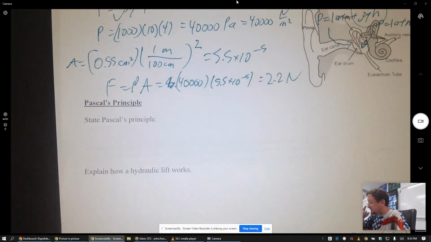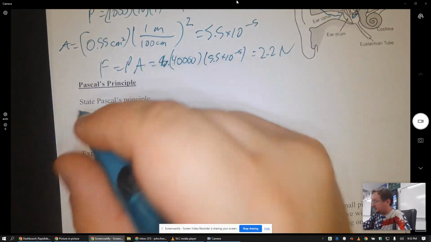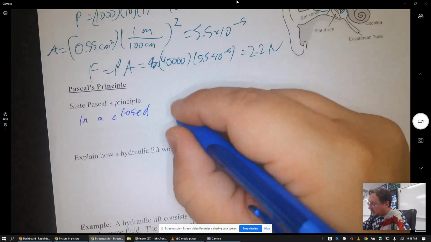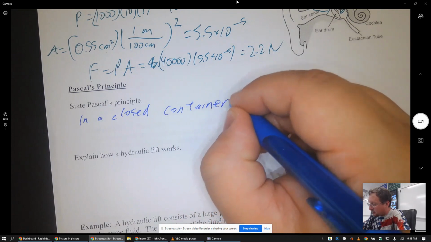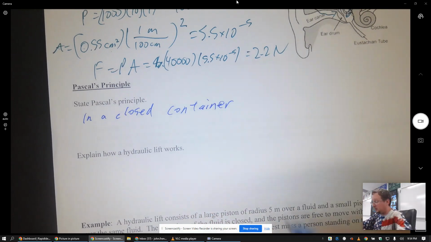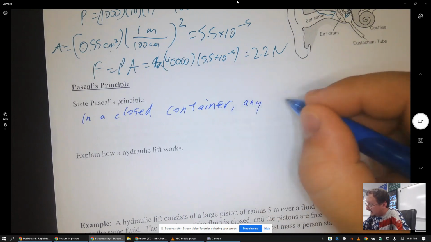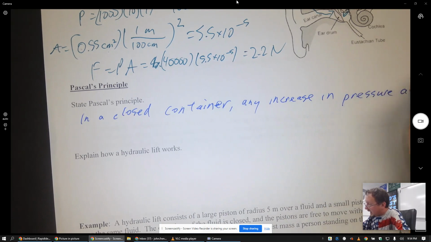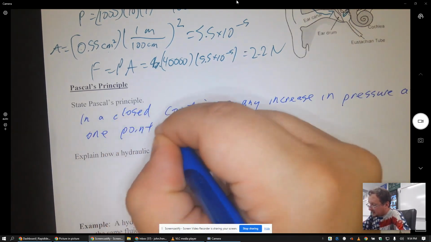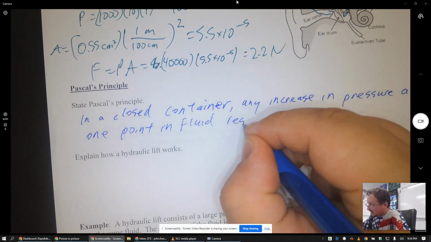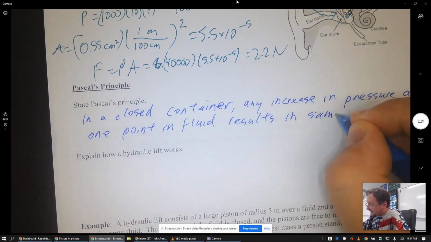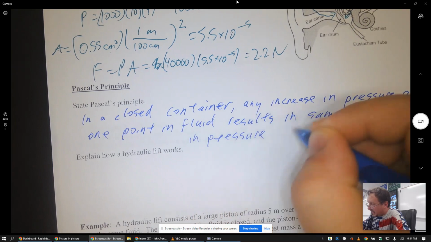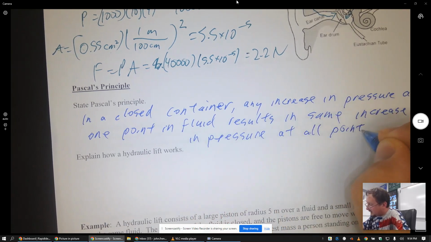Okay, Pascal's principle says that in a closed container, so we have to start with this caveat, the container has to be closed, otherwise the fluid will spew out, any increase in pressure at one point in the fluid results in the same increase in pressure at all points in the fluid.